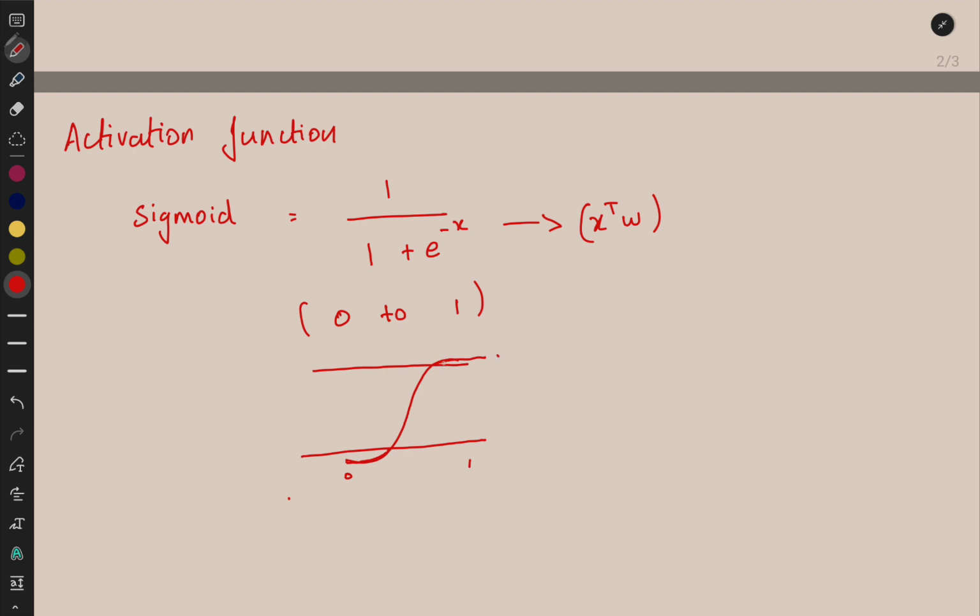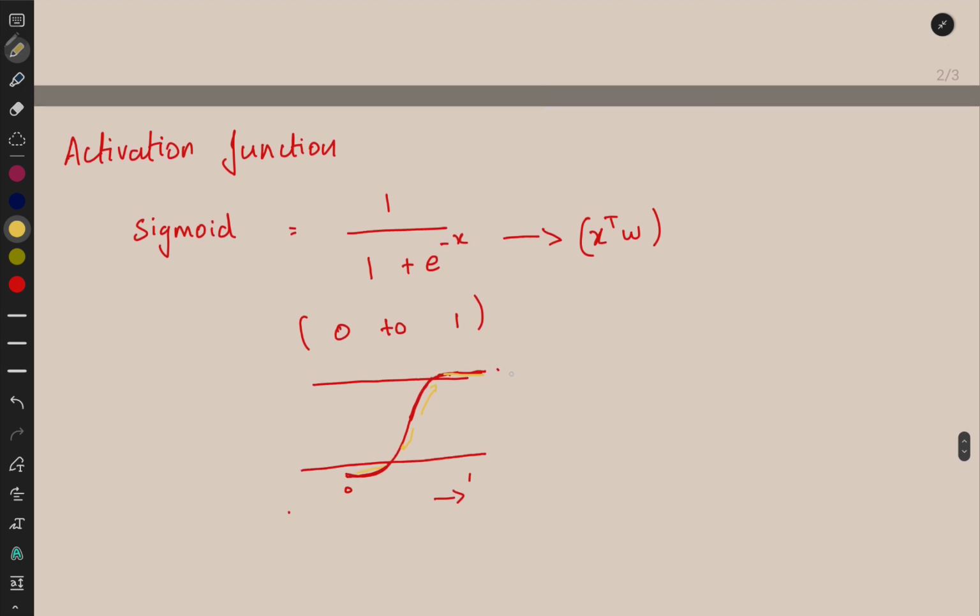Even though the x-axis increases, the curve doesn't increase exponentially there. In this middle part it increases exponentially, but when we come to these points, we are trying to squish the value. The reason is outliers: when there is a huge error in the data or an outlier, and the distance is large, this point will get squished. To minimize the effect of outliers, sigmoid activation functions are very useful.